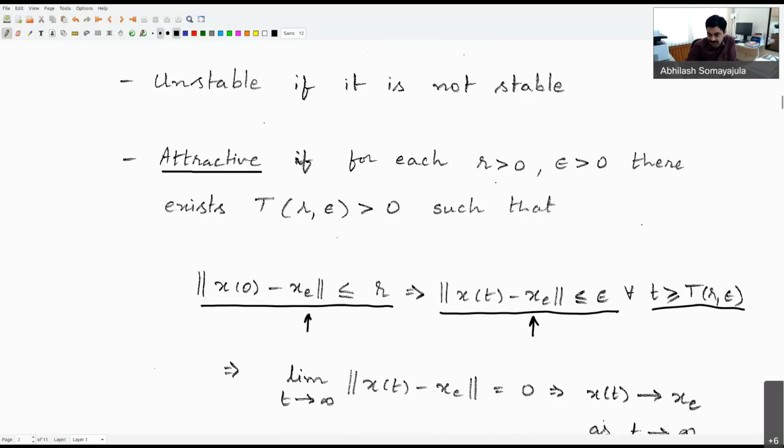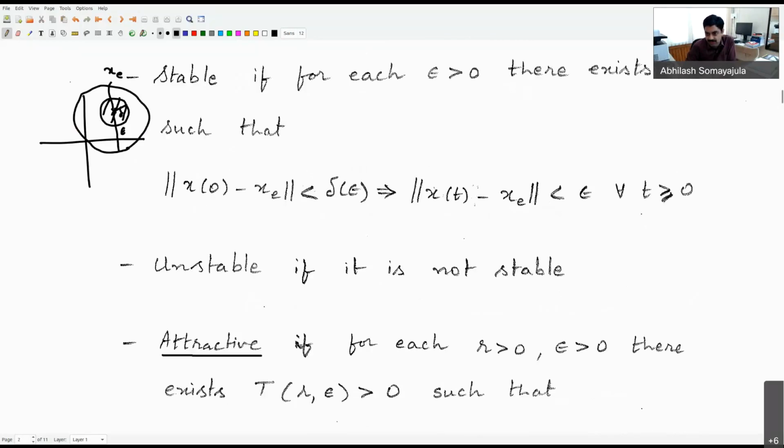So this function T of r comma epsilon is the key difference from what we saw before. Previously, when we looked at systems with stability, we were simply talking about keeping the trajectory inside that bounding box.